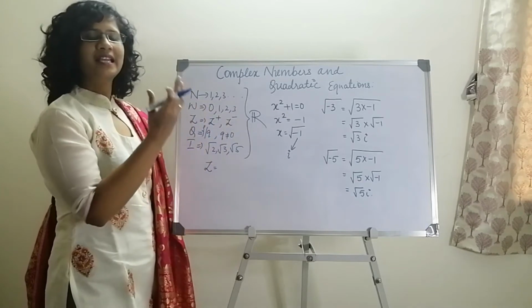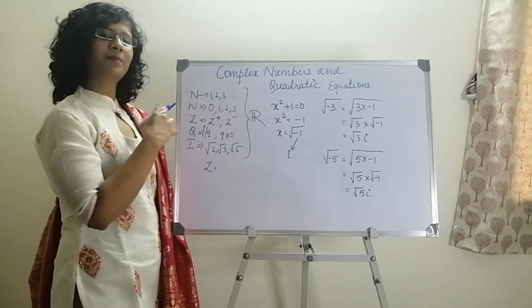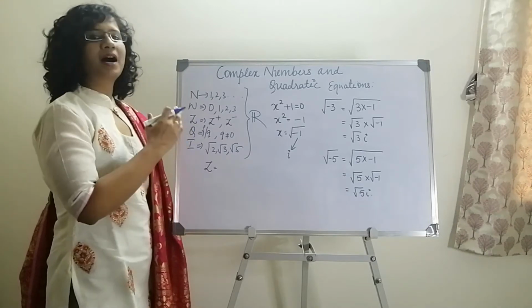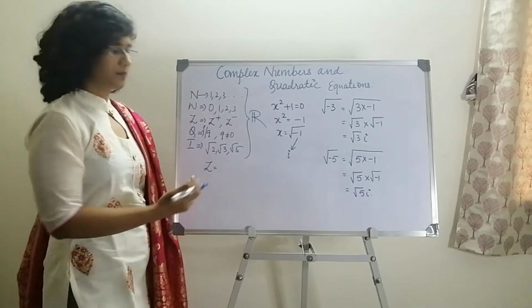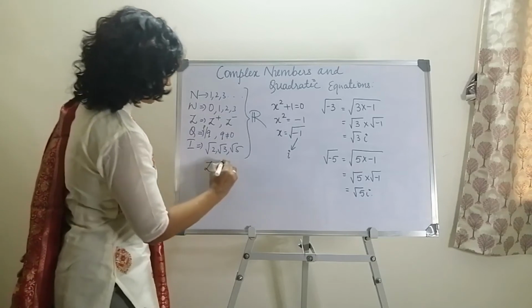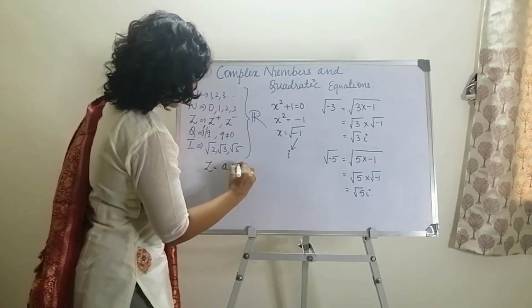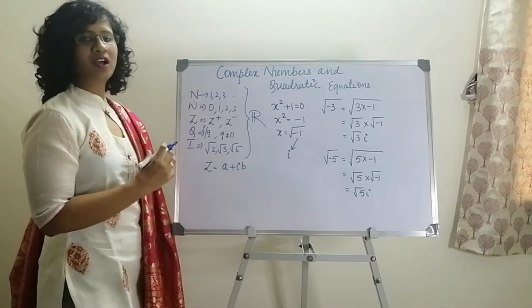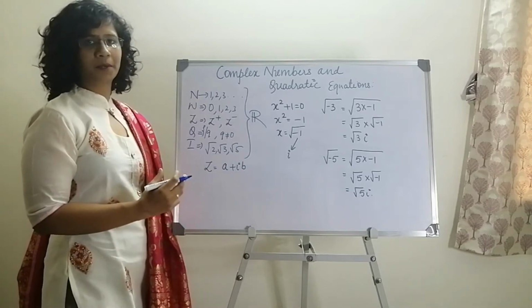So instead of calling them real number and imaginary number, we call them real part and imaginary part. So Z is equal to a plus ib is the standard form of writing or denoting a complex number.